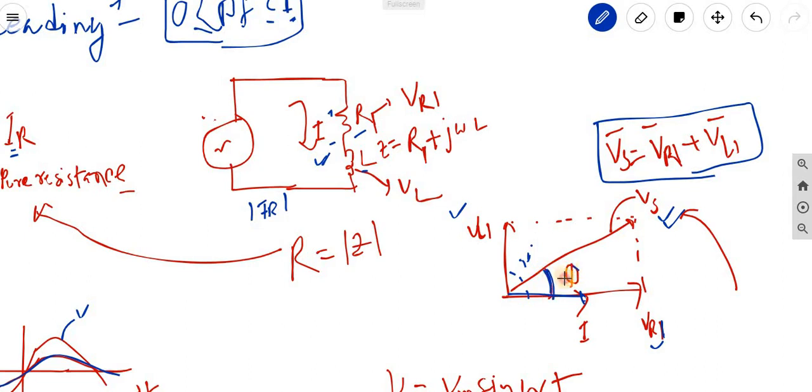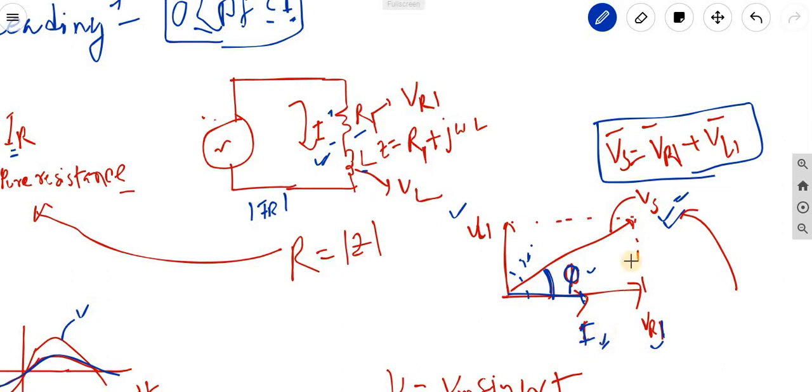This angle is called phi. So the current is lagging. How much is the current lagging the source voltage? The source current is lagging by 50 degrees.